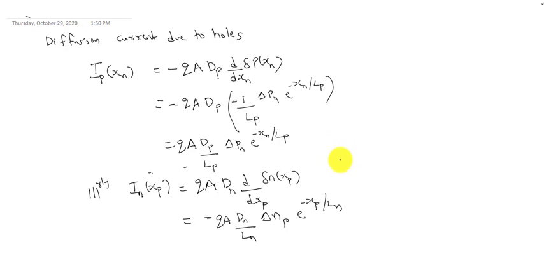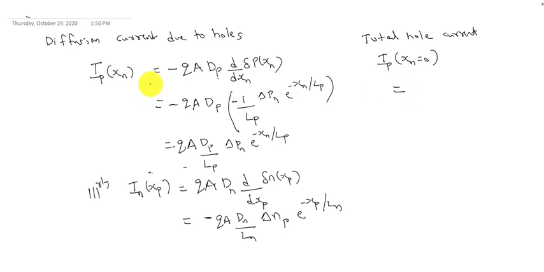With the bias, the holes are diffusing to the n side and electrons are diffusing to the p side. We can write the total hole current measured at the edge of the depletion region, that is Ip of xn is equal to 0.